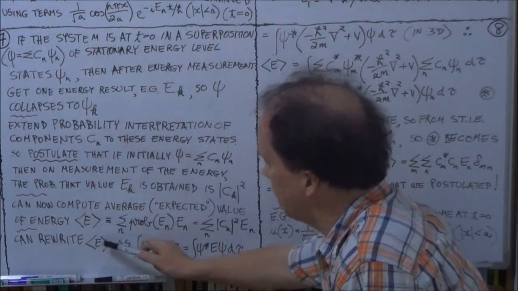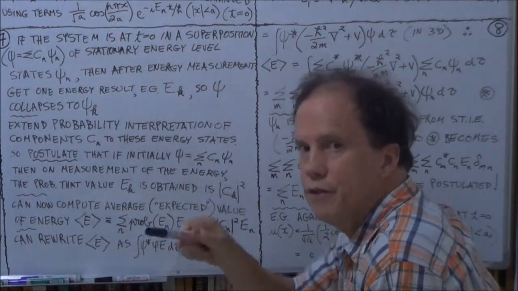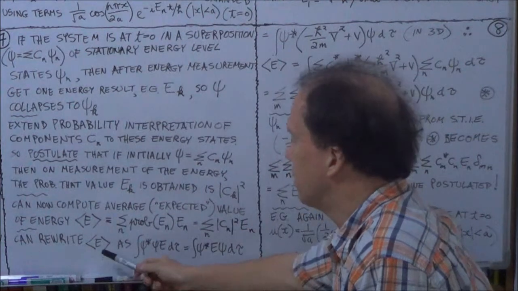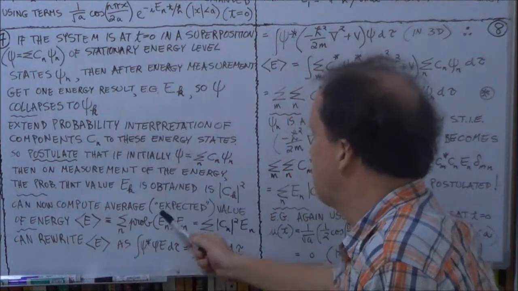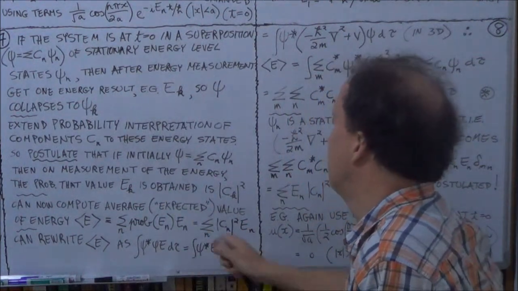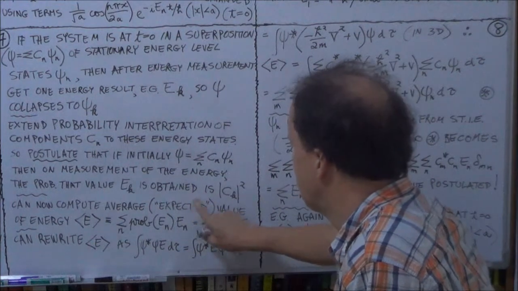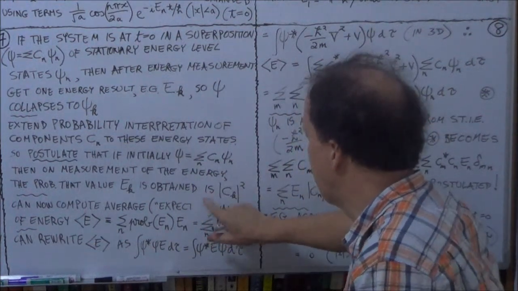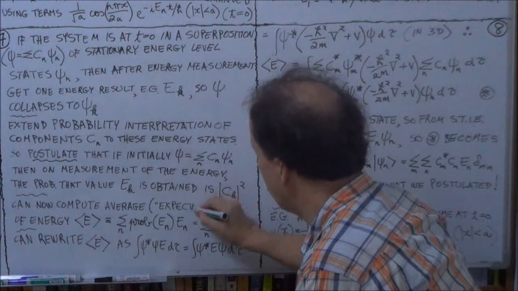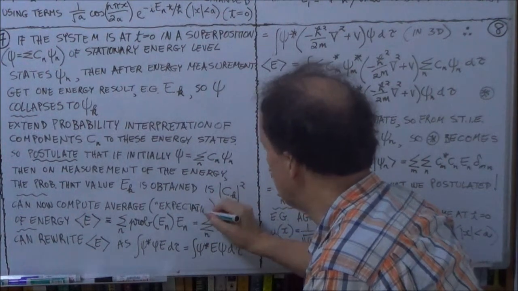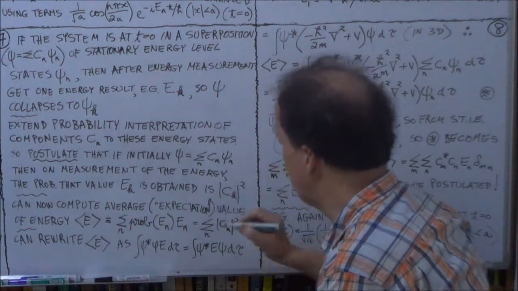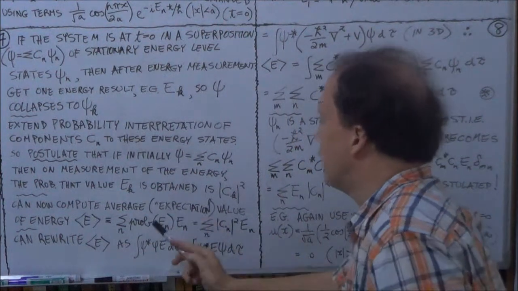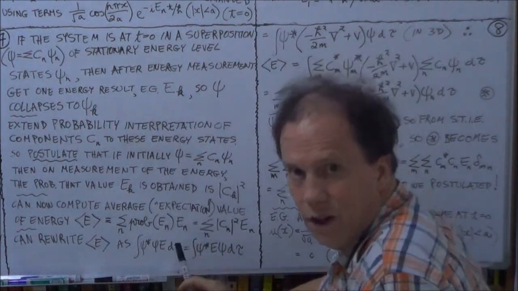Now the angular brackets, remember, just mean the average value, the expected value, or expectation value. Expectation is a better term. Expectation value just means average value, same thing.